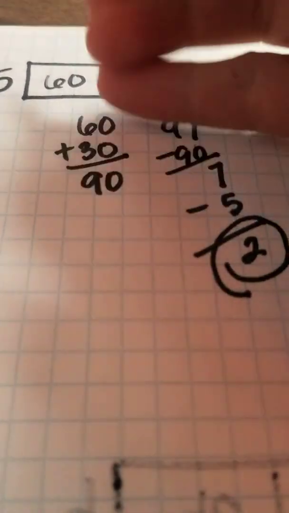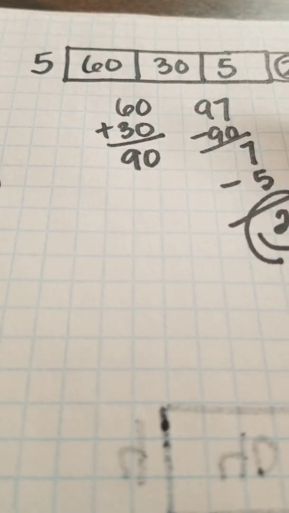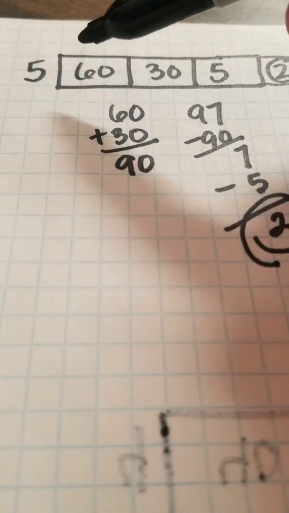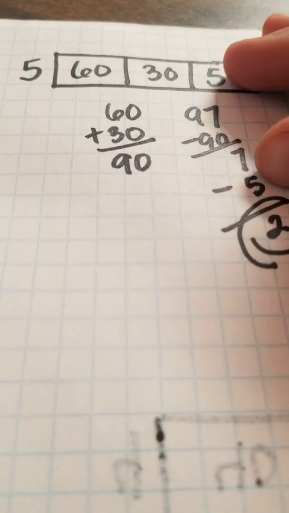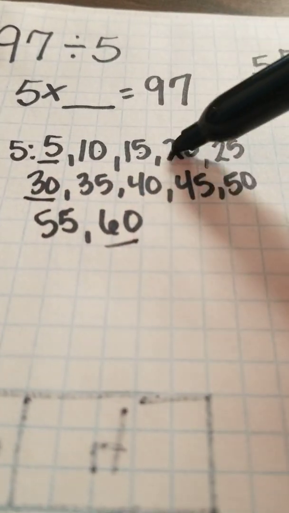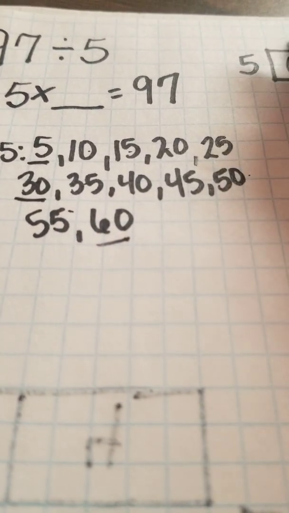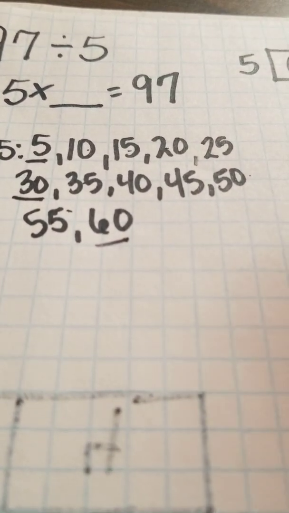So now we need to find the missing factor for these 3 pieces. How many times does 5 go into 60? Well, if you're not sure, go back to your multiples and count 1, 2, 3, 4, 5, 6, 7, 8, 9, 10, 11, 12. The next number is 30.